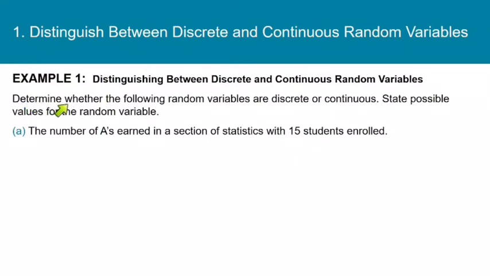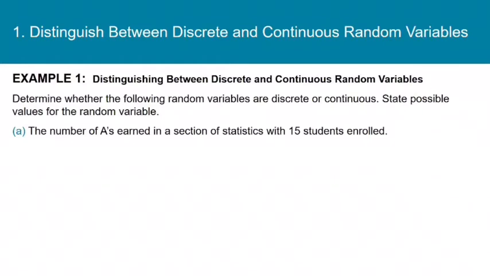Now let's look at example 1. It says determine whether the following random variables are discrete or continuous and state possible values for the random variable. Our first scenario is the number of A's earned in a section of statistics with 15 students enrolled. The number of A's earned could be anywhere between 0 and 15, but it can't be anything between the whole numbers.